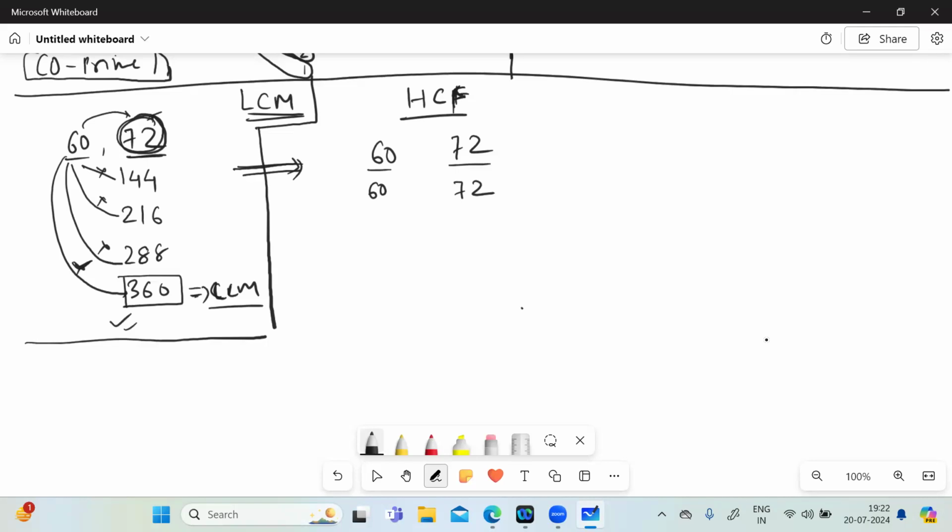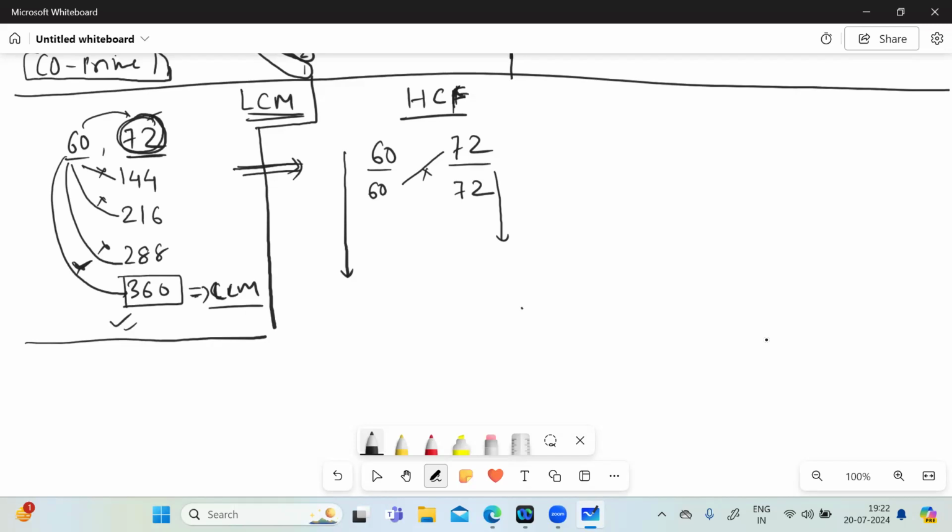It will be less than or equal to 60 only. Since 60 doesn't divide 72, we will not be checking any factors of 72. We can just find the HCF by checking the factors of 60 only, because ultimately the highest common factor will be a factor of both of them.